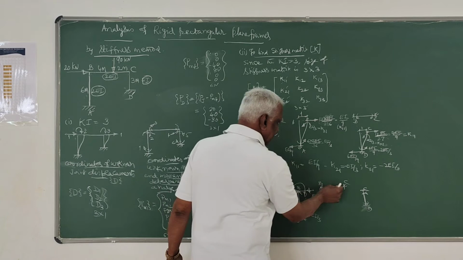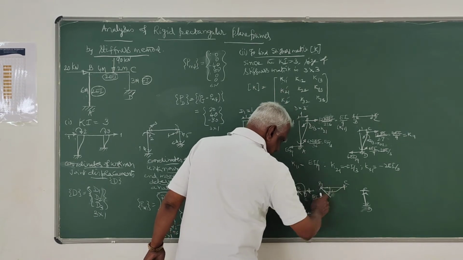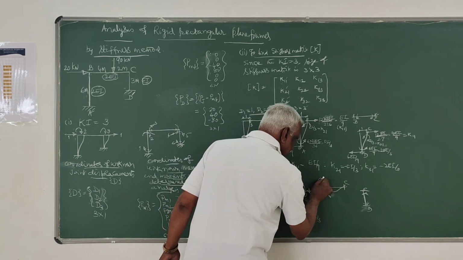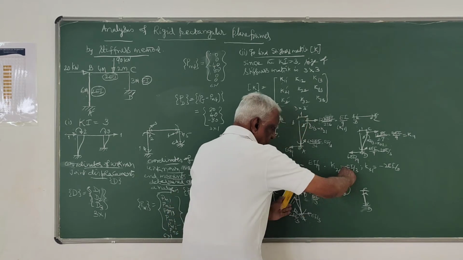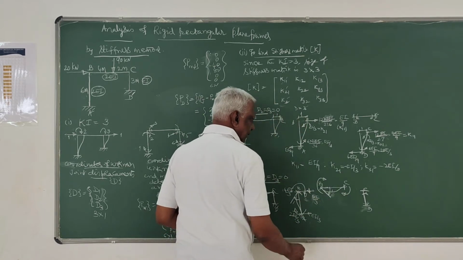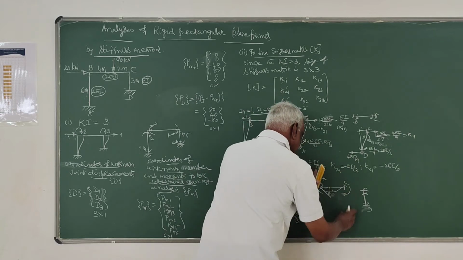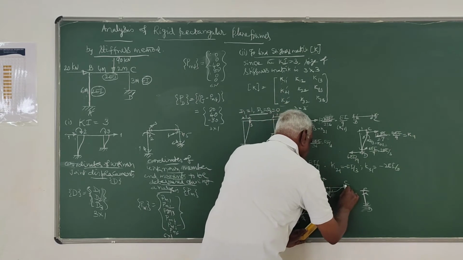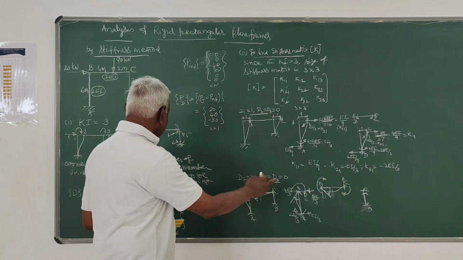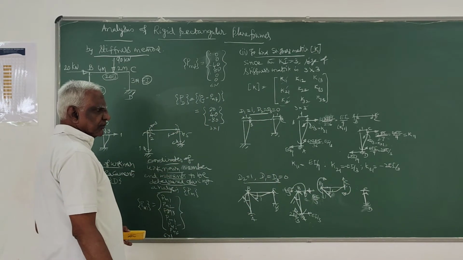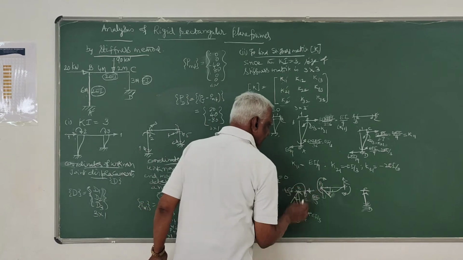So same thing, this member, since it has rotated like this, there must be a force here in the same direction. Here also there must be a force same direction. To keep this, there will be equal and opposite forces like this. And this we don't require because it doesn't correspond to any of the forces. So only this we need.